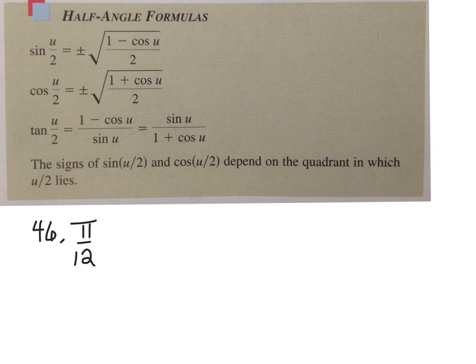And so if we're looking at sine first, we're looking for the sine of pi over 12, which is the same as sine, and I'm going to fit it into this statement here. It's the same as pi over 6 over 2, right?